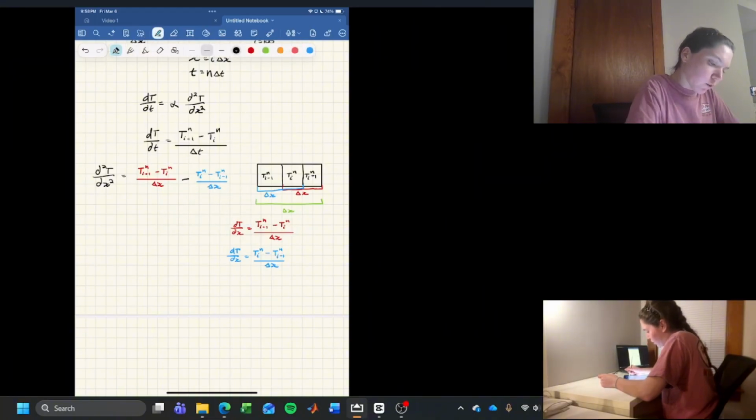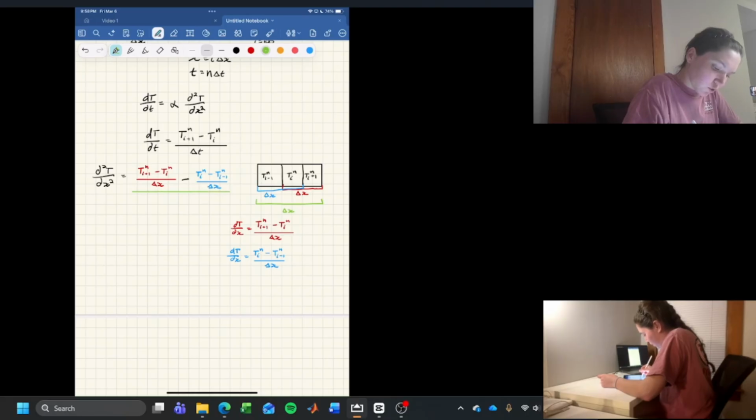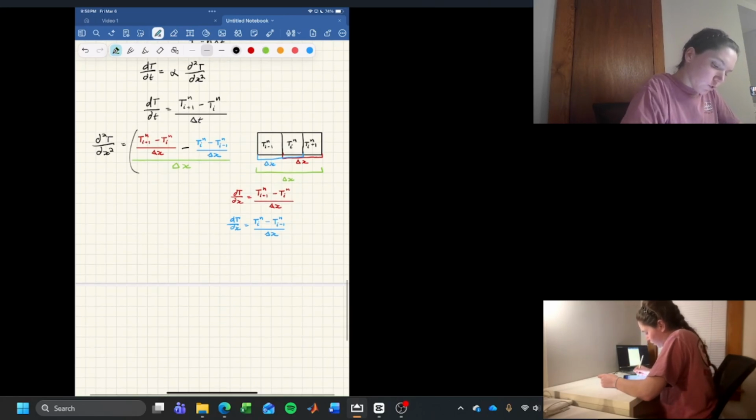And this is all divided over the total change in position, which was the green distance. So we can rewrite this again, just to clear things up a bit.